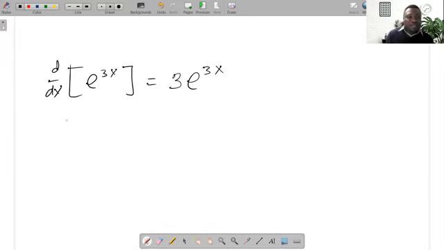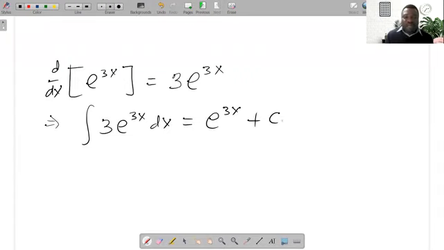So what it means is that this expression here, if we call it a function, has this as its antiderivative. So this is where we will attach our c, but I'm going to do a c1.